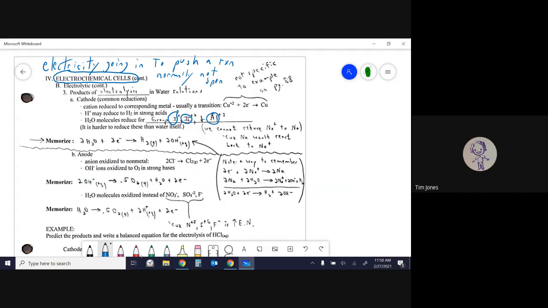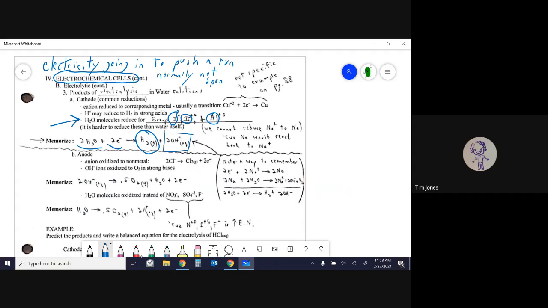But we're assuming everything's in water right now. So in this case, if these things are in water, the water molecule will reduce instead. And the equation looks like water plus electrons, so reduction. The electrons go to the hydrogen atoms to make H2 gas, similar to what they did in the second bullet, and you're left with 2 hydroxides.